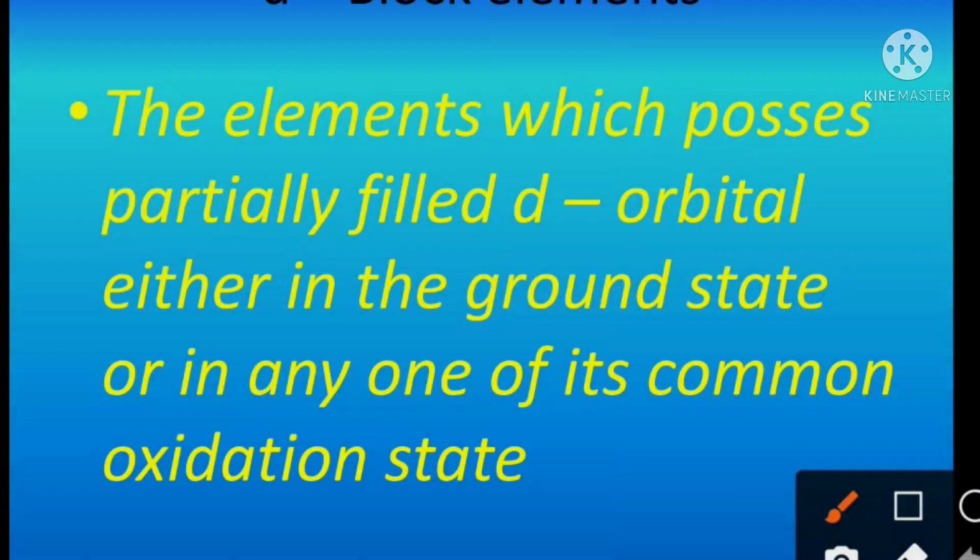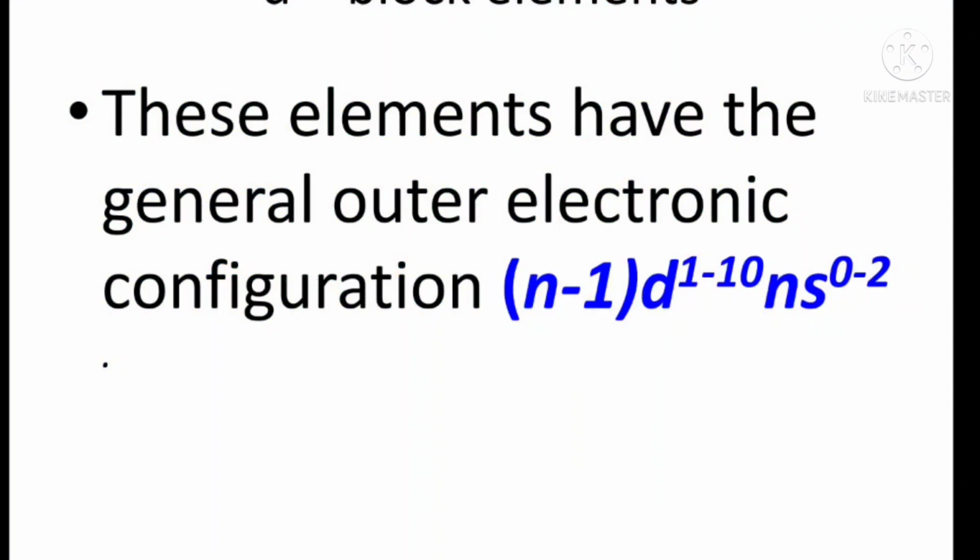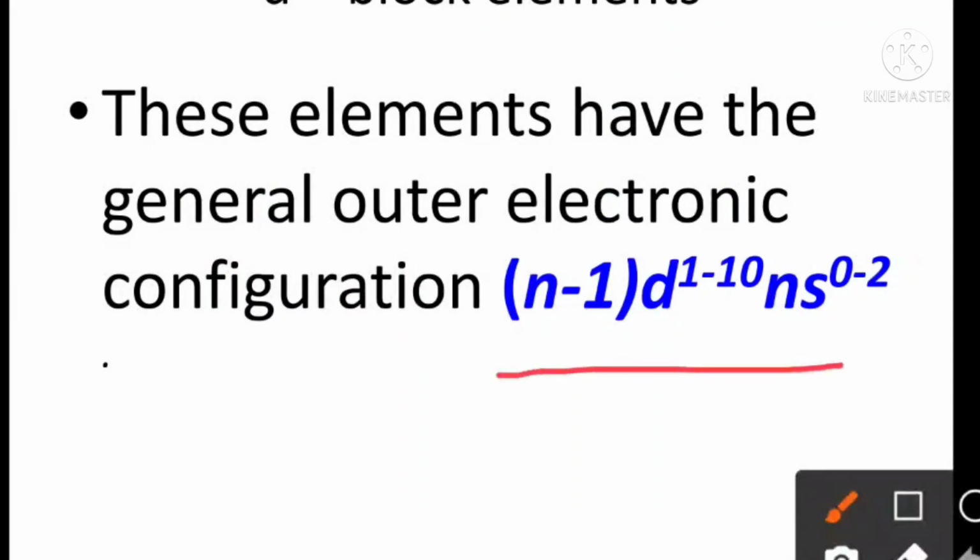What about the general outermost electronic configuration of D block elements? It is (n-1)d1 to 10 ns0 to 2.